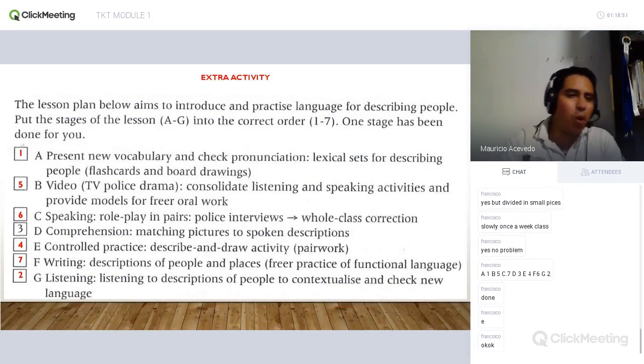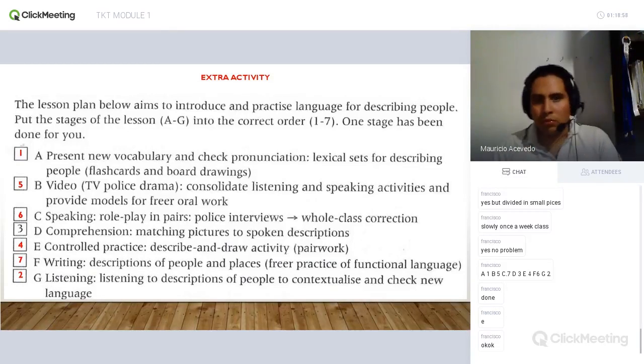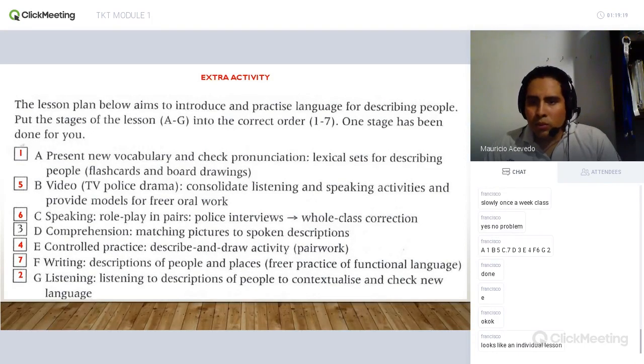Or maybe it can be both. Yes, it's more like an individual, right?